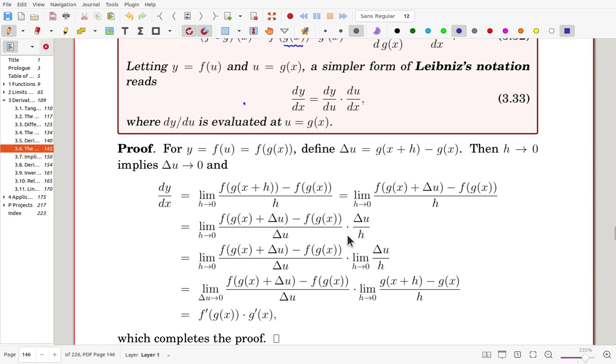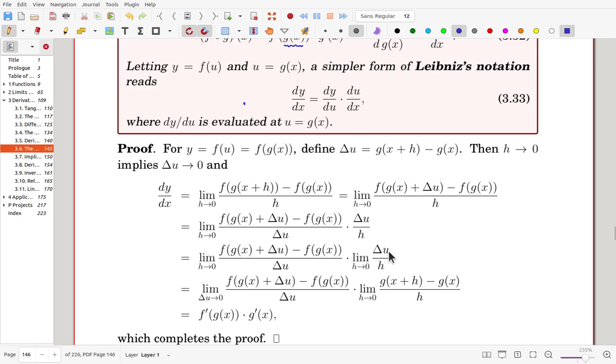Now, if that is a multiplication, and if the limit exists for each term, then we can apply the limit separately. So we put the limit here, and then the limit there. As h approaches 0, we already know that delta u approaches 0, so the limit as h approaches 0 is the same as delta u approaching 0.